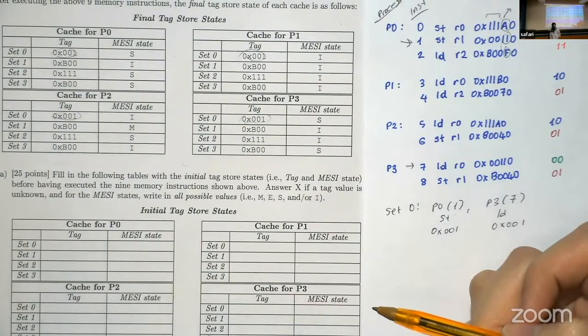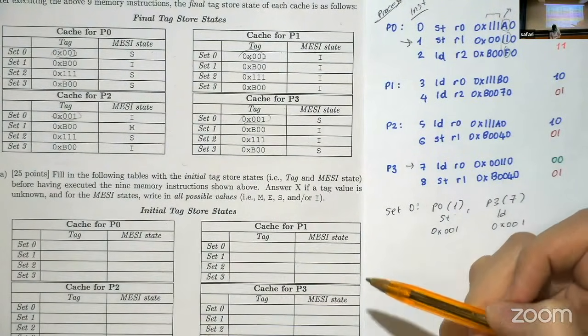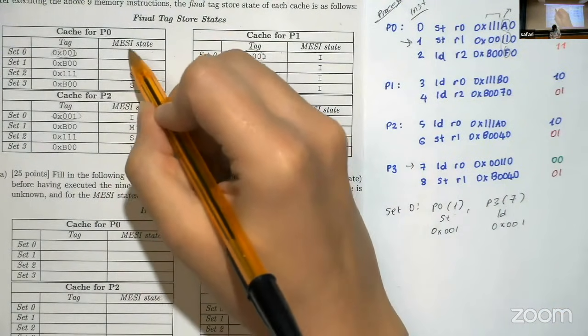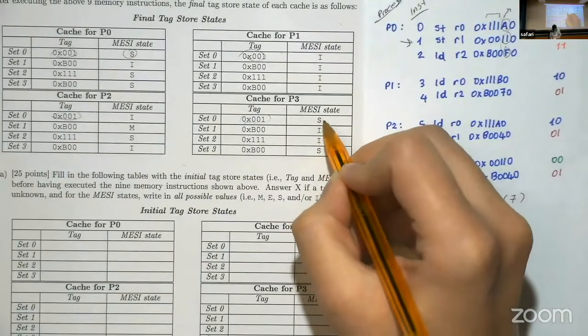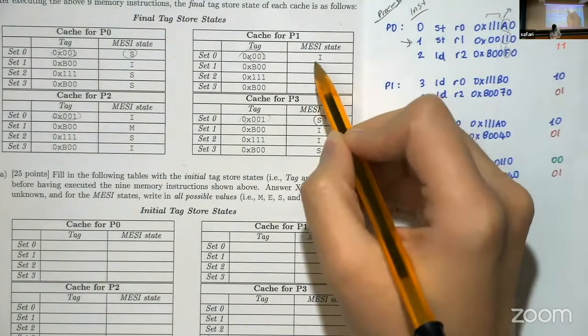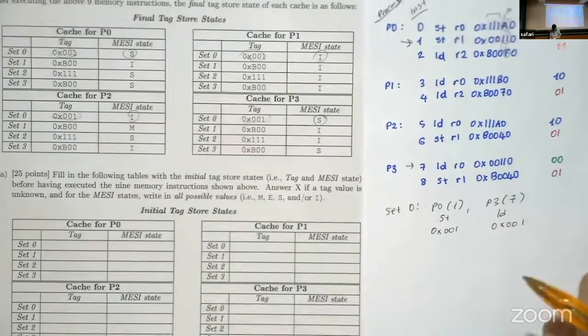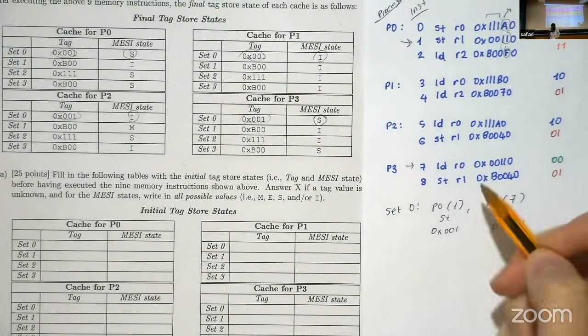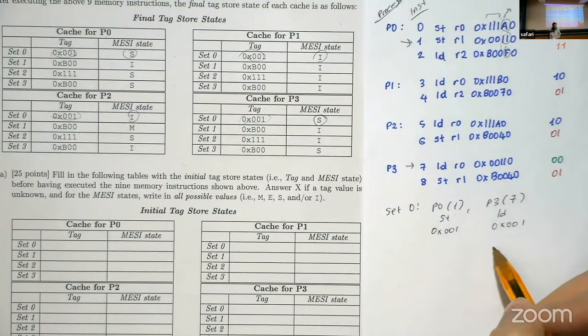When we check the states, P0 and P3 have shared state and the other ones are invalid. Can you guess in which order these two instructions were executed such that we had both shared states?